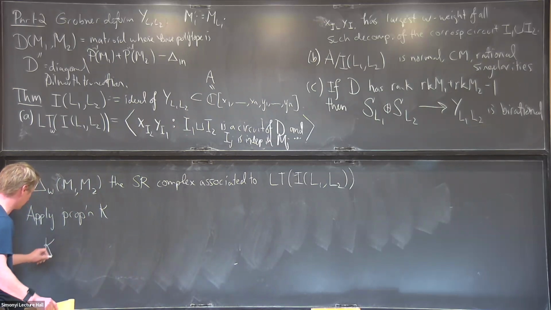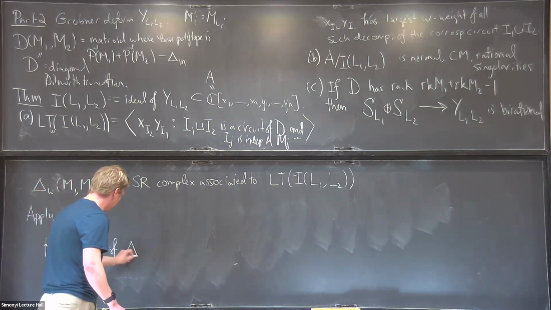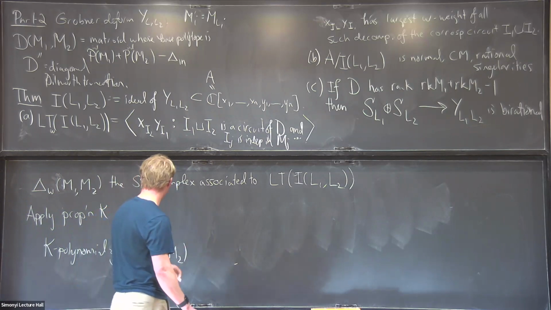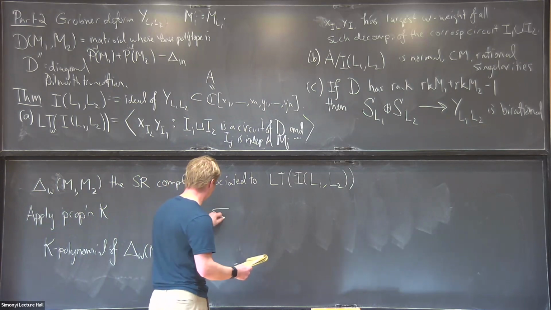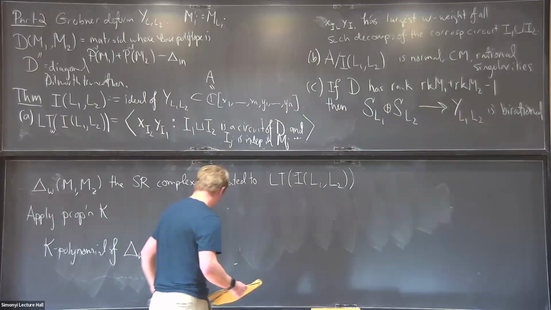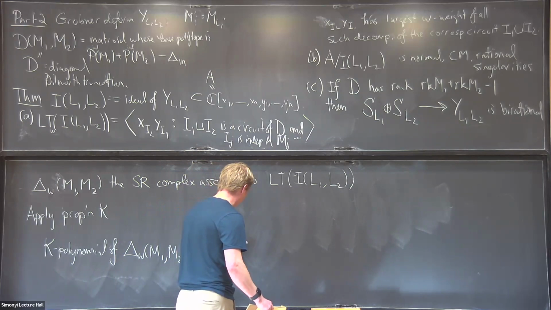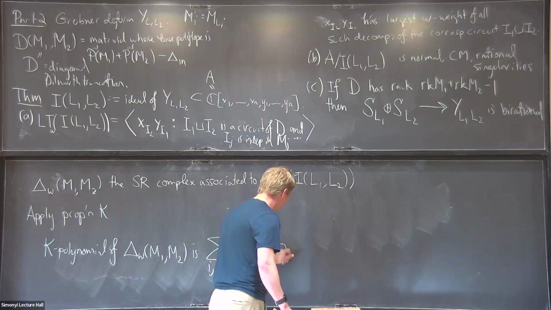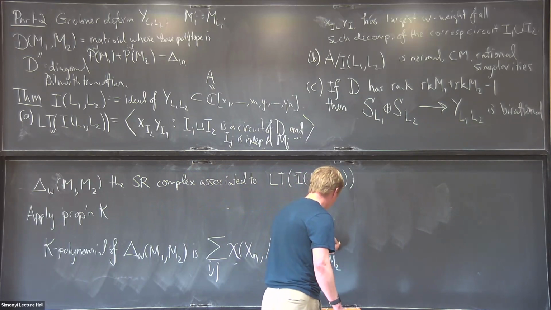It's going to say that the K polynomial of this complex is the sum over all J of the Euler characteristic over the permutohedral variety of some exterior powers of some quotient classes associated to the two bundles.